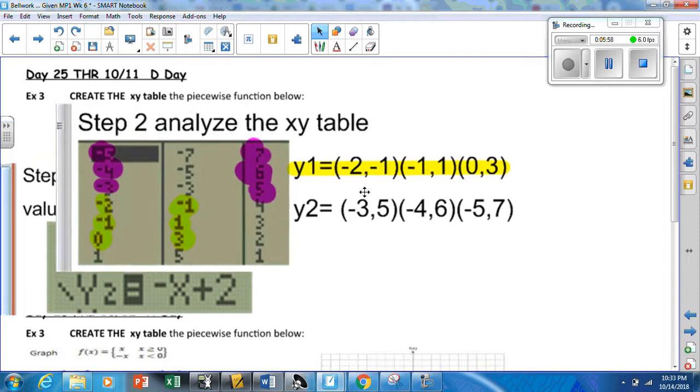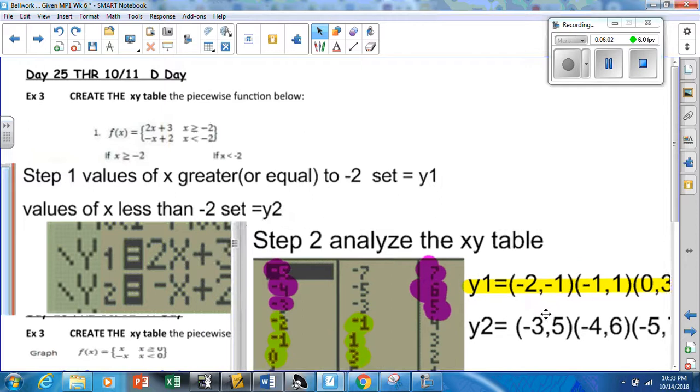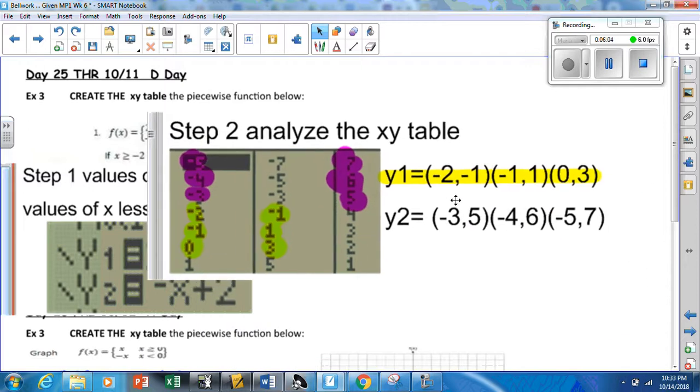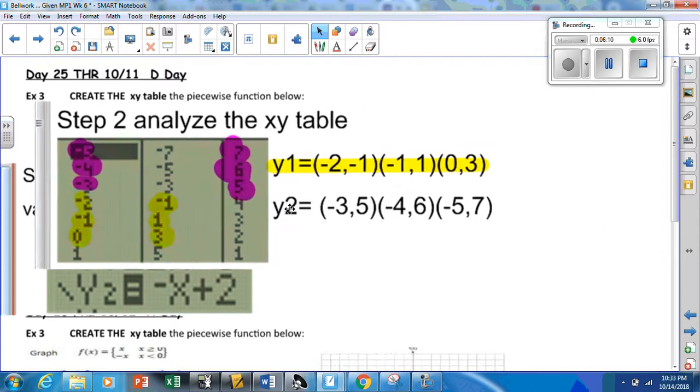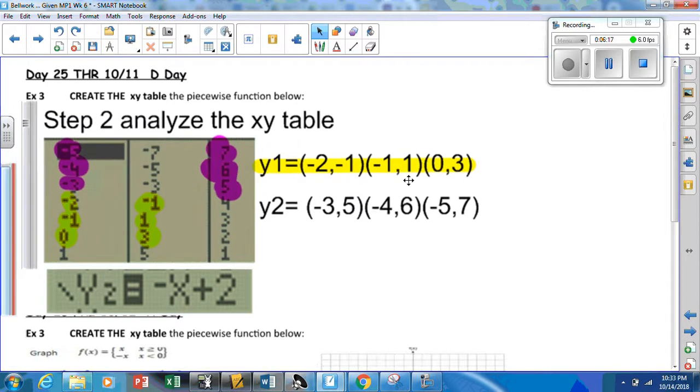In contrast, when x is less than -2, we have what we see here in purple. So easy peasy. Very straightforward. Let's consider the next problem.